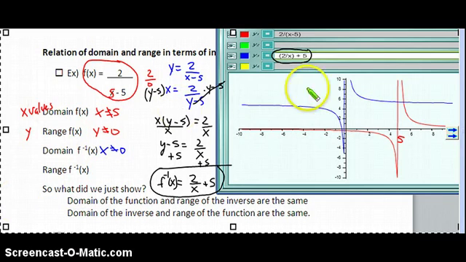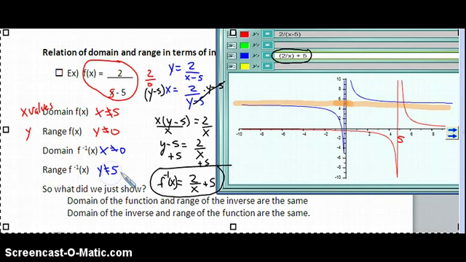But what I want you to notice is that if I was to draw a horizontal line here and here as best as I can, notice that the graph is approaching that line, but it doesn't really touch it. Same for this side. The blue side is approaching that, but not really touching that. And it's going through right at a y value of 5. So all other y values are working except for 5. So we would say then that the range of the inverse graph is any number except for 5.